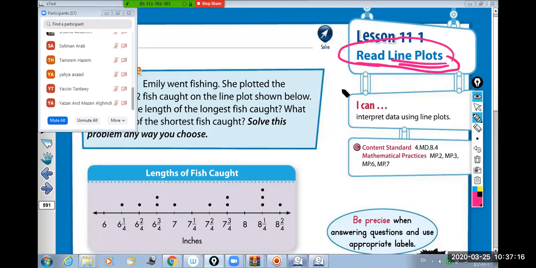Imagine that we have 5 days: Sunday, Monday, Tuesday, Wednesday, Thursday. On Sunday, your dad gave you $5. Monday, your dad gives you $7.